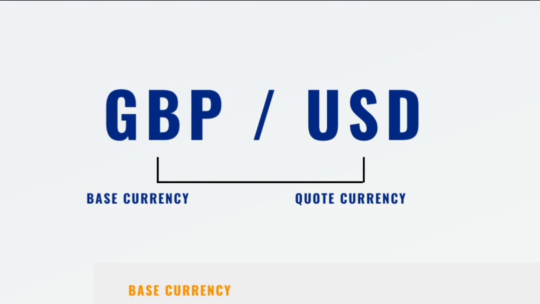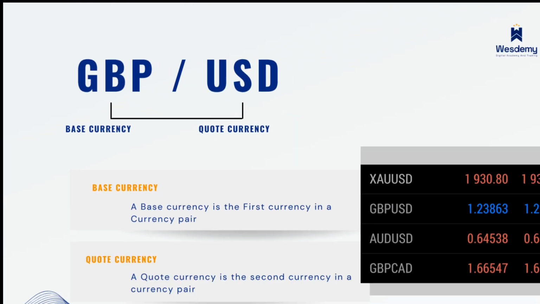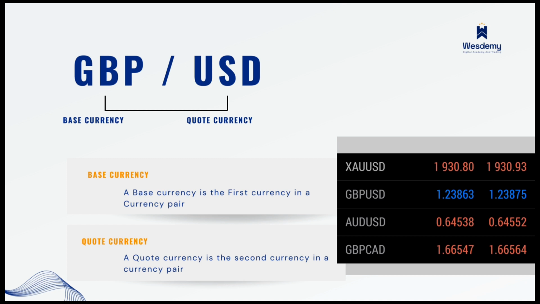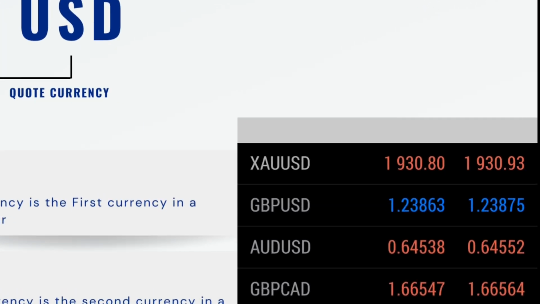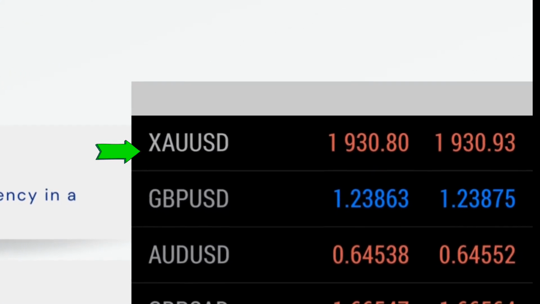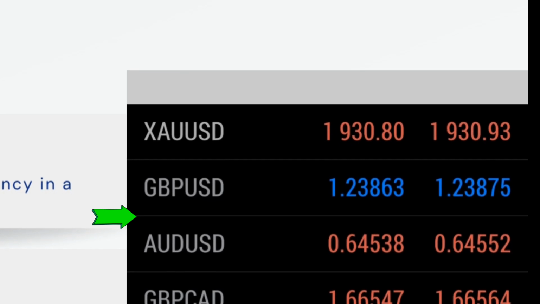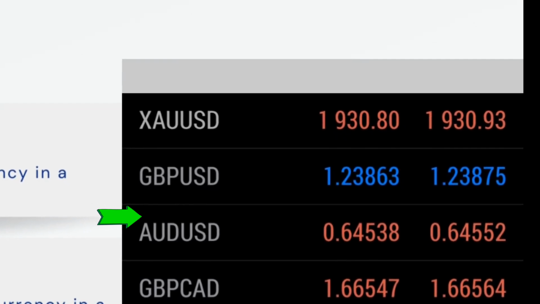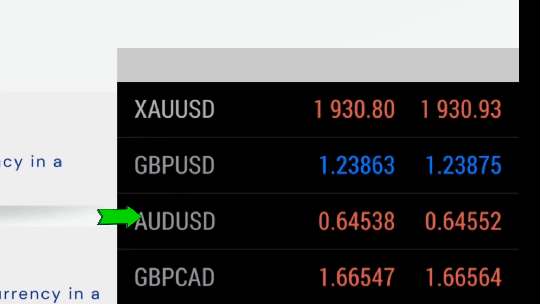Now, looking at the image at the bottom right corner of the screen, on the first line we have XAU. XAU is short for gold. So XAU here is the base currency and USD is the quote. We have GBP USD, and we already said GBP is the base currency while USD is the quote currency.